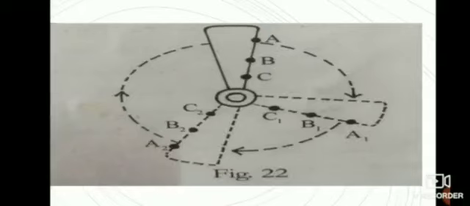Consider the blade of a rotating ceiling fan drawn below. While the blade of a fan is moving, the points A, B and C on the blade move to A1, B1, C1 first, and then they move to A2, B2 and C2 positions.